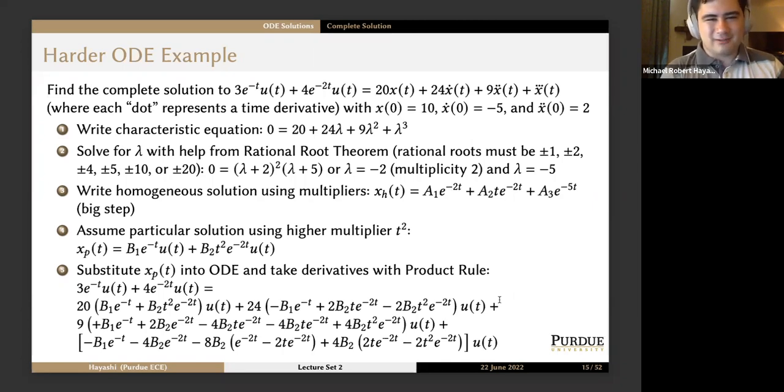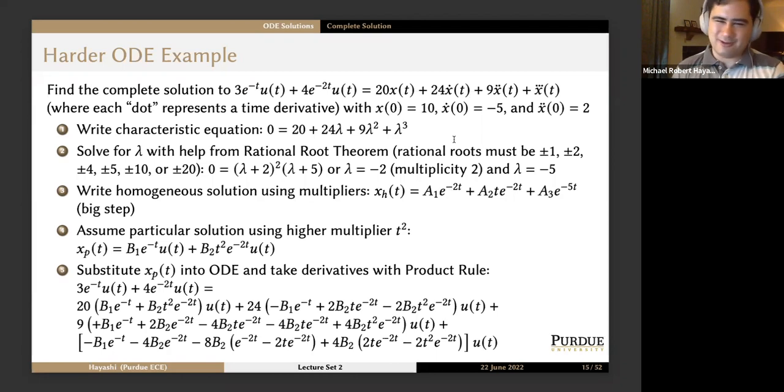So we write the characteristic equation. We say 0 is equal to 20 lambda to the 0, which is 1, plus 24 lambda, plus 9 lambda squared, plus lambda cubed. And before you go and break out the cubic equation, note that we're dealing with nice, whole numbers. So we can solve for lambda with help from the rational root theorem.